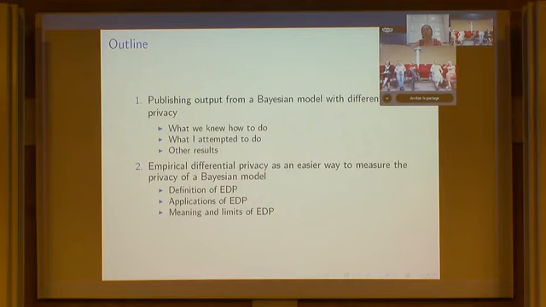I was very excited because the first way didn't work so well for me. So when people propose an easier way of measuring privacy, I got really excited and I started looking at it. I'll tell you what empirical differential privacy is and some results that I got with a student, which are not very good results, in that we find some problems with the definition. But I'll tell you more about that later.